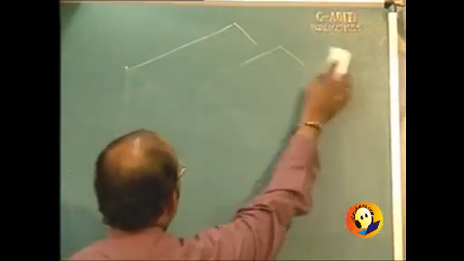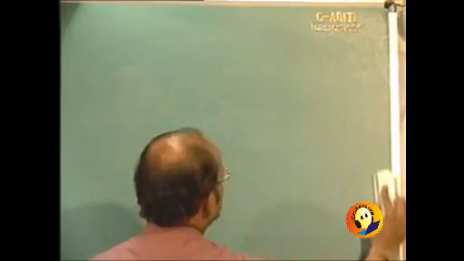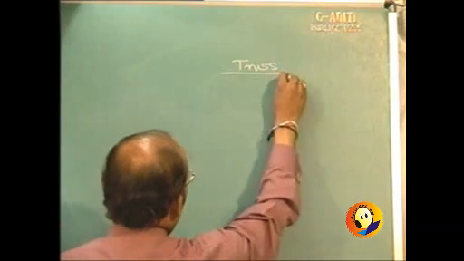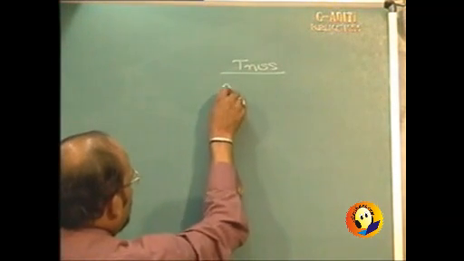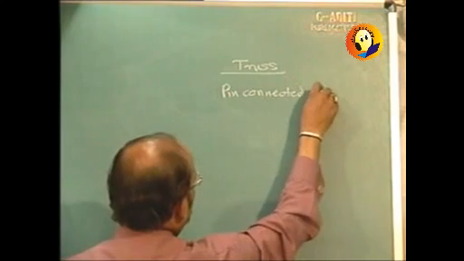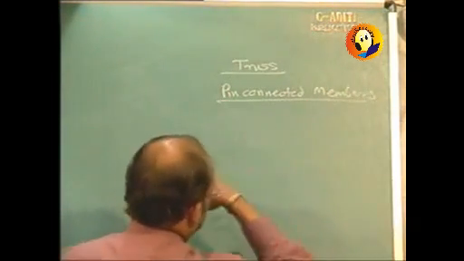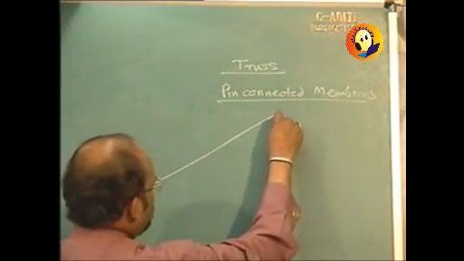So when we talk of the truss, we will say that it is made up of several members which are pin connected to each other. These are pin connected members, we say. And a typical truss may look something like this.